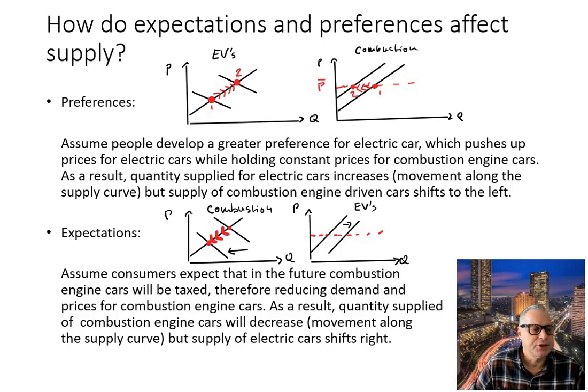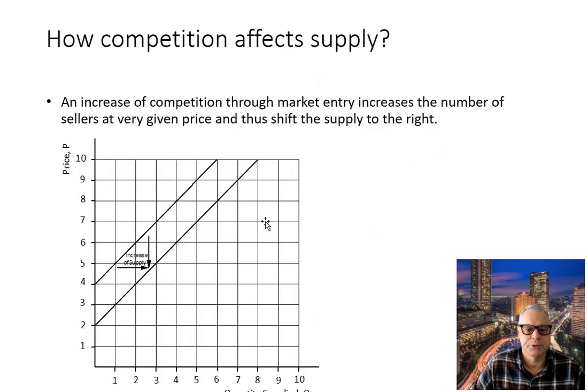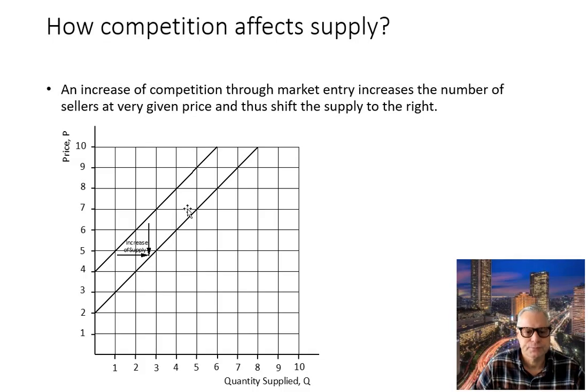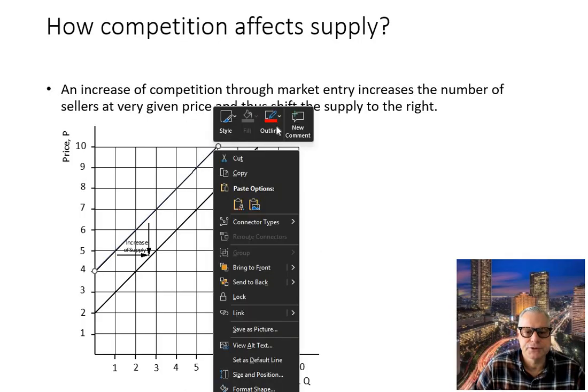So let's talk next about competition. That's pretty straightforward. So if we have more competition, and let's say we start with our initial supply function. So let's say this is our initial supply function.